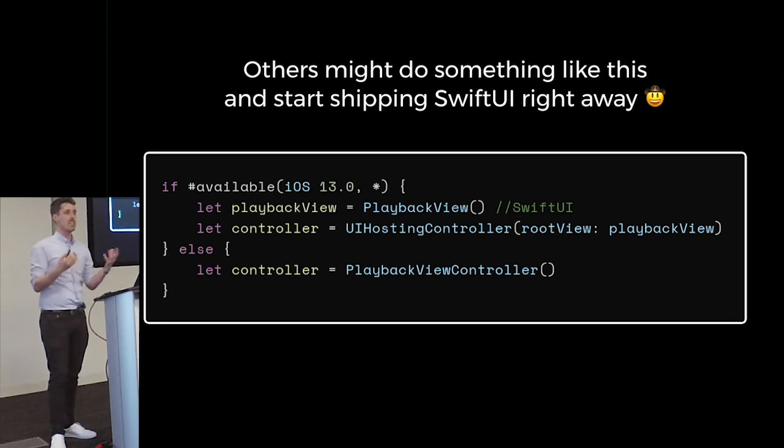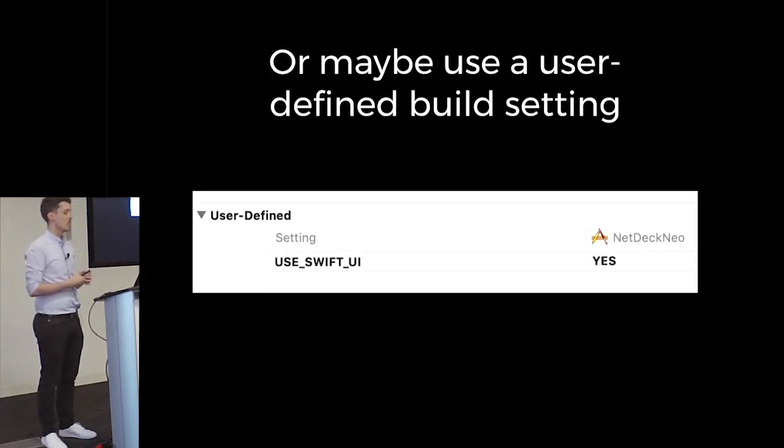But there is a kind of middle ground that you can use here, where if you create maybe a user-defined build setting, you can pipe that through to your Info.plist and then be able to switch on that and decide, oh, hey, maybe in this case I want to use SwiftUI.